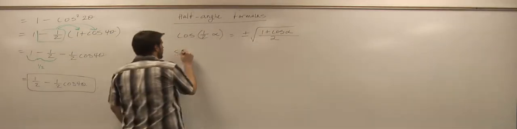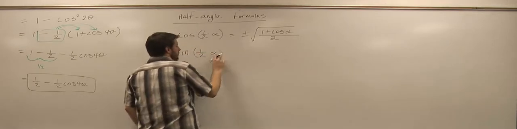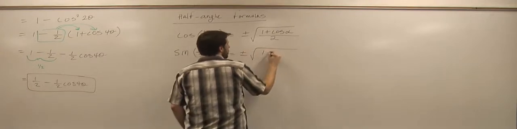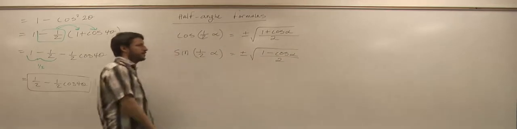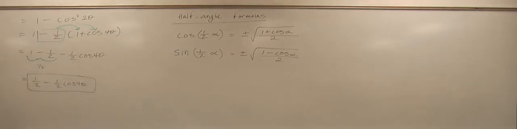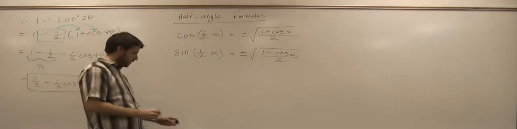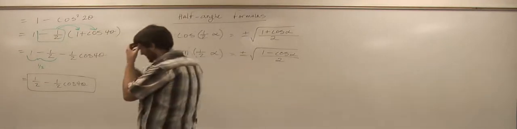And if you want to do sine of a half angle, it ends up being plus or minus the root of 1 minus cos alpha over 2. And there's tangent. Whatever. Tangent is tangent.